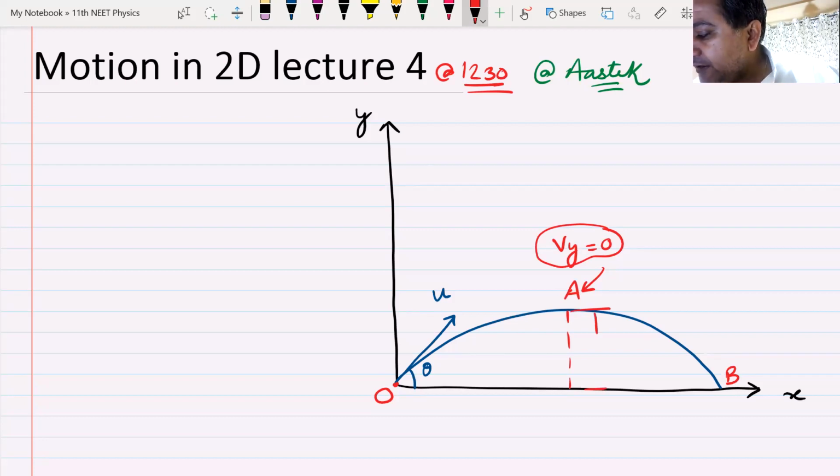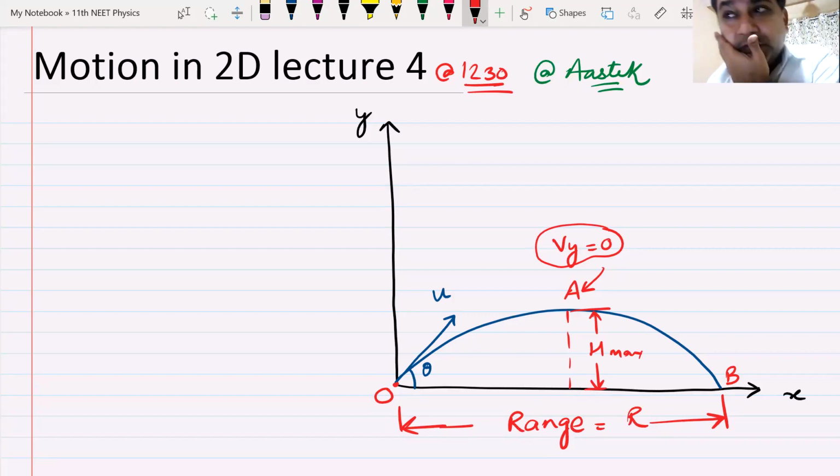The maximum height it attains is known as H max. And the distance it covers along the ground is known as the range of the projectile, represented by the letter R. I hope you all remember this.